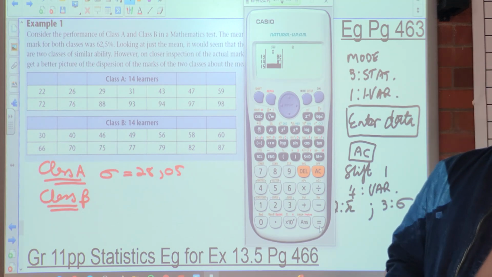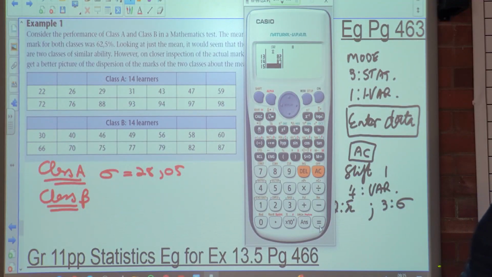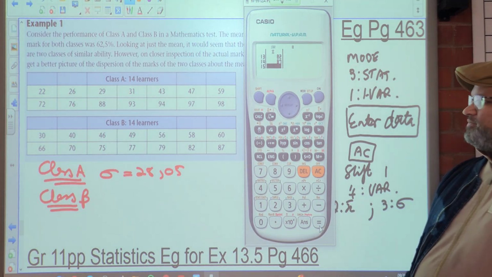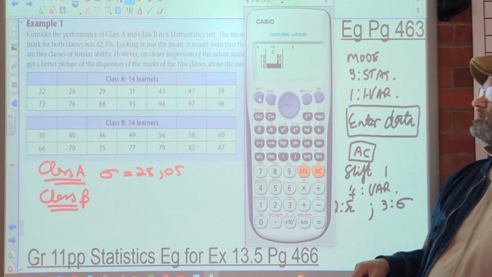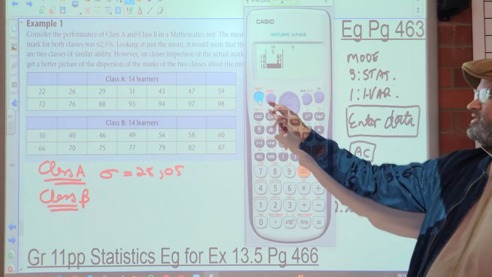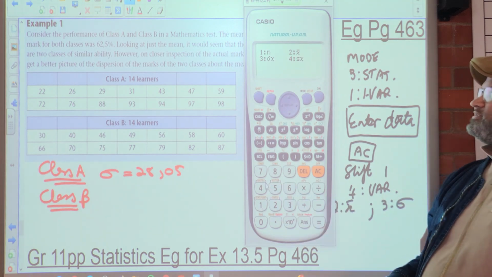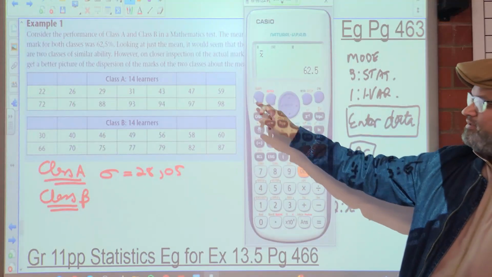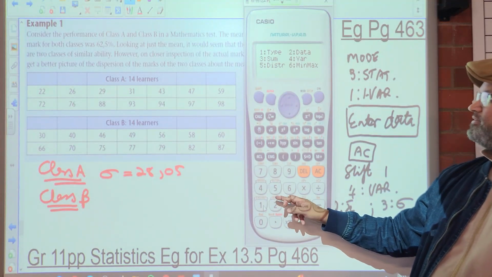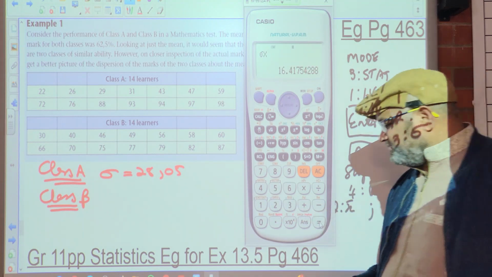So what do I do now? Press AC, then shift 1, 4 for variance. If I press 2 for mean, you'll get the same answer as given there. So shift 1, 4 for variance, 3 for standard deviation, which is 16.14.